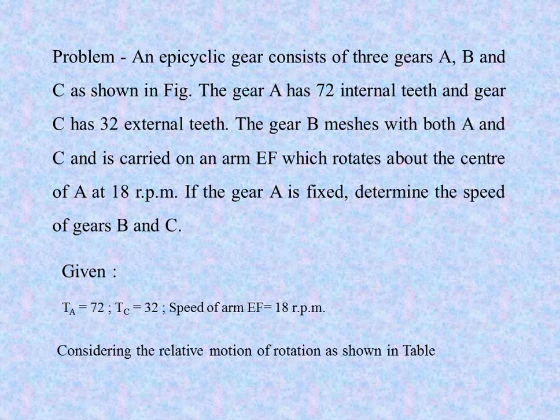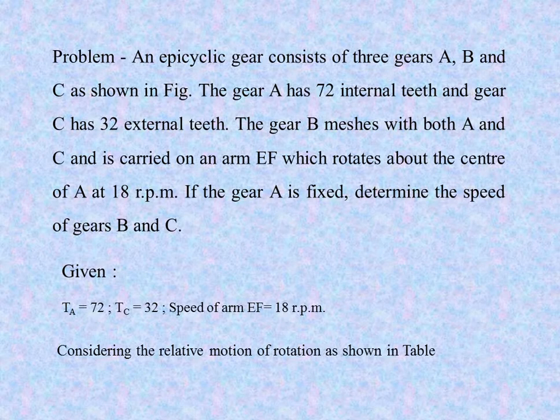And gear C has 32 external teeth. Gear B meshes with both A and C, carried on arm EF, which rotates about the center of A at 18 rpm. If gear A is fixed, determine the speed of gear B and C.